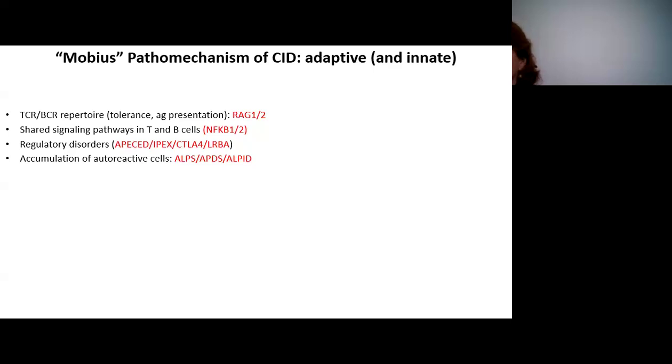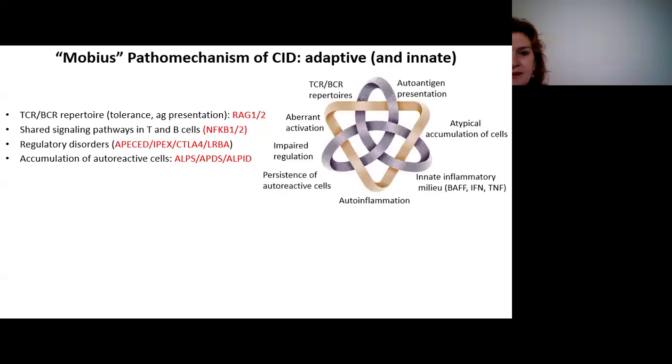In regulatory disorders such as IPEX, CTLA4, the regulatory T cells are at fault, so they're not going to be putting the brakes on activation of autoreactive cells. And then you can also sometimes have accumulation of autoreactive cells because they don't die in time. Some of them could be related to ALPS or ARPIDs.